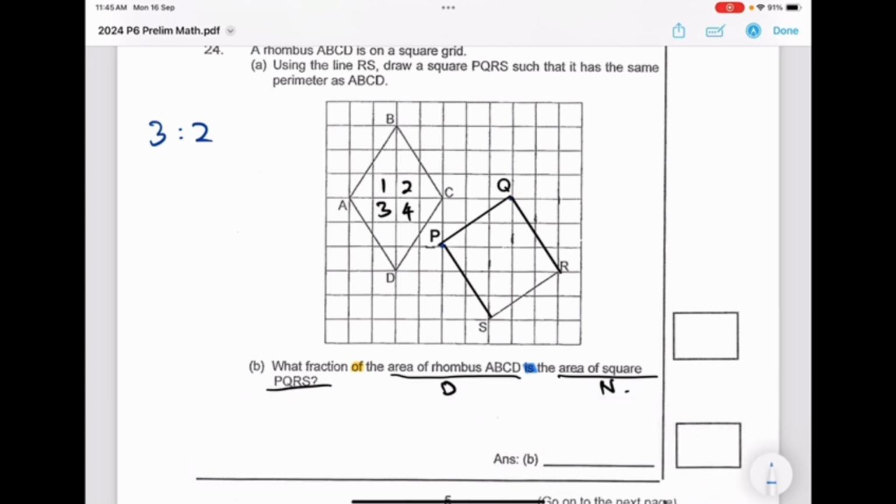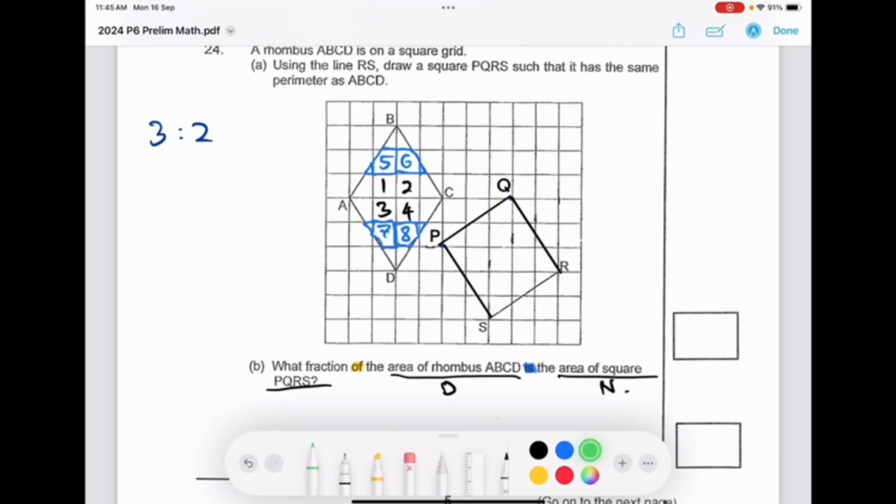What I want you all to notice is that there is a small triangle over here and a square without a small triangle. So if I put this small triangle into this corner, it forms one whole square. Likewise with this part over here, down here as well, and here as well. So apart from the 4 whole squares we have 5, 6, 7, 8 more squares.